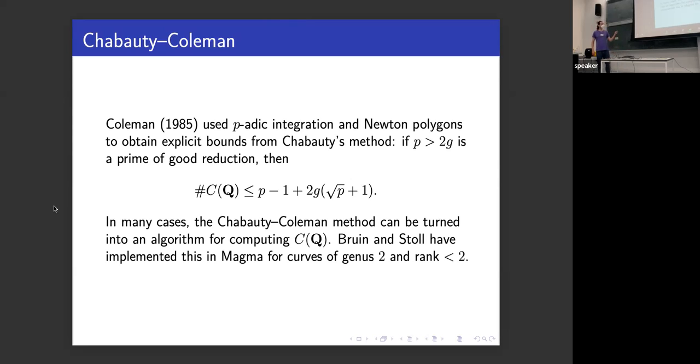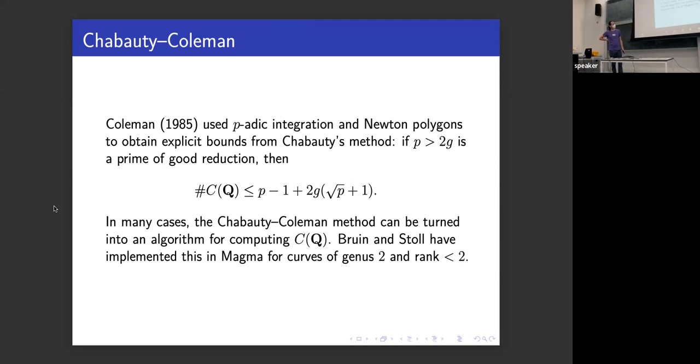And in many cases, this can also be turned into an algorithm for computing the set of rational points by using algorithms for computing p-adic integrals and all the other stuff associated with this. So for example, in Magma, Brown and Stoll have implemented this for curves of genus 2 and rank less than 2.